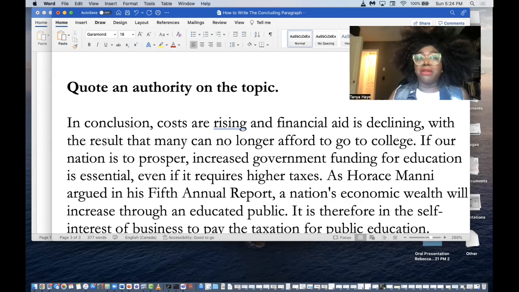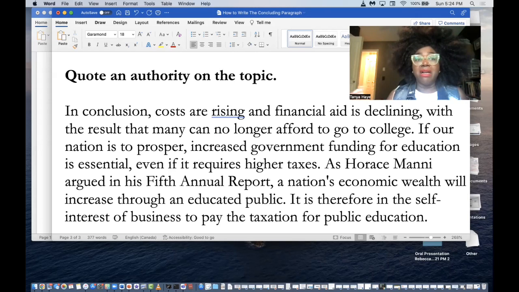And then there's also another strategy, which is when you quote an authority on the topic. And here's an example. In conclusion, costs are rising and financial aid is declining, with the result that many can no longer afford to go to college.